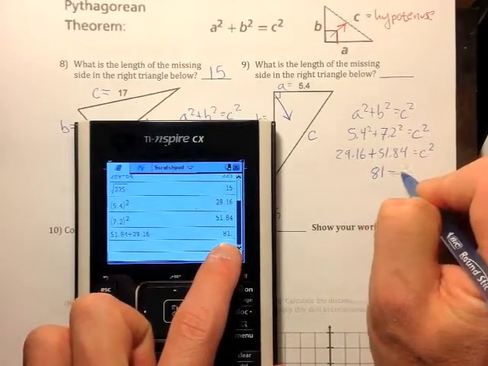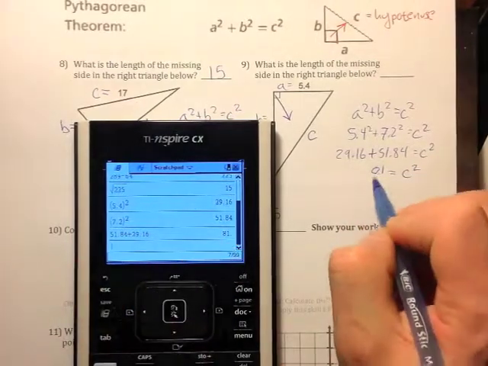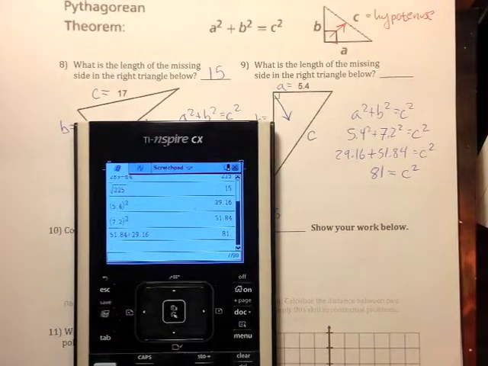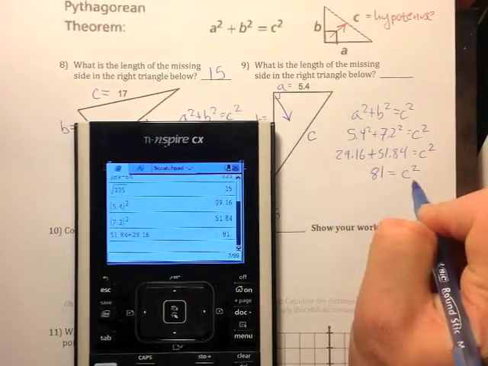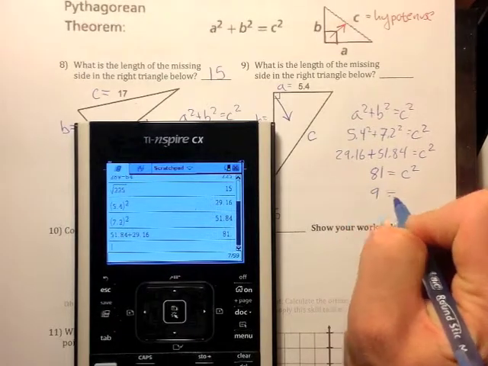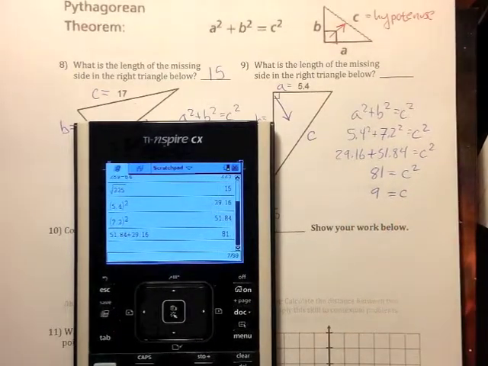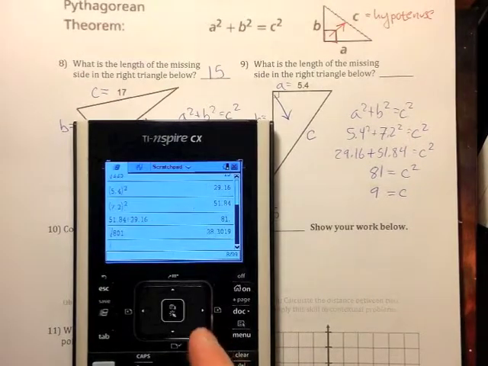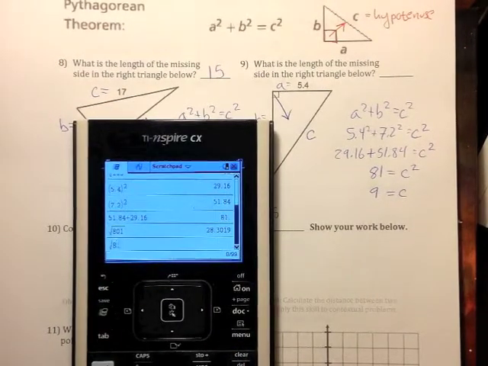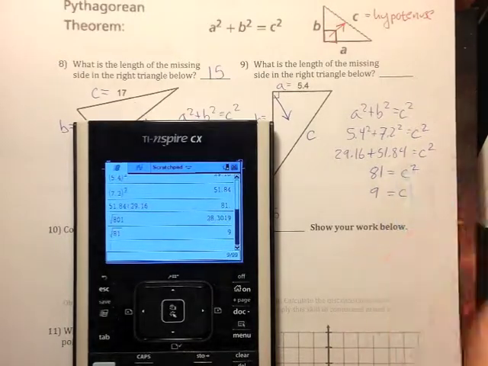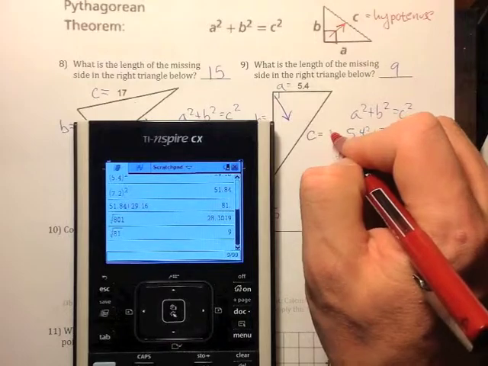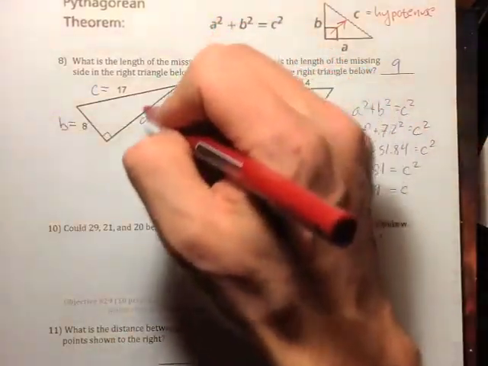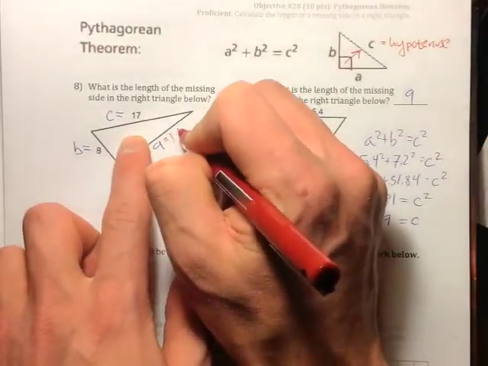Ooh, I like that. That's a nice, pretty number. 81 equals C squared. So hopefully you can do this in your head. If 81 is C squared, then 9 is what C is, right? And if you don't believe me, just take the square root of 81. 9. Okay? So the length of the missing side is 9. Just like over here, the length of the missing side was 15.